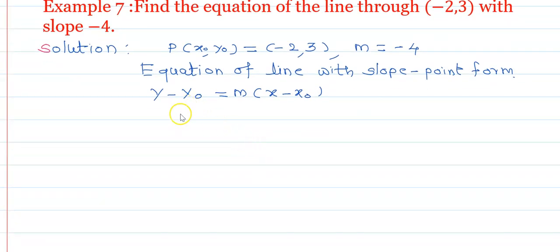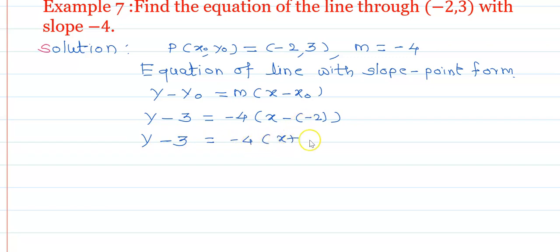Now substitute the values. y - y0, what is the y0? It is 3. Slope is -4, in bracket x minus in bracket -2, because the x coordinate is -2. Here I will write the minus sign, bracket complete, and here you will get y - 3 = -4(x + 2). Simplify this, minus and minus will become plus.